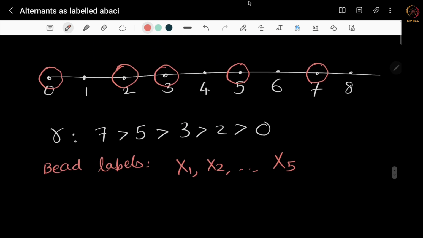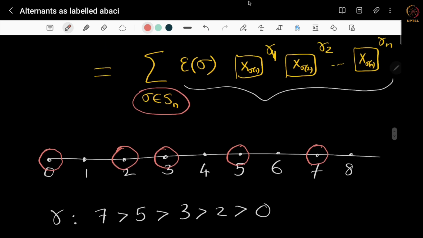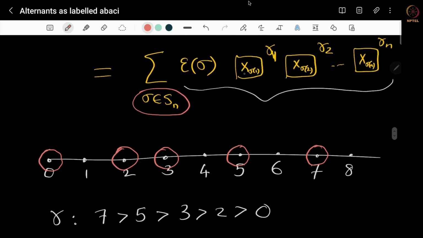So I think of these beads as having labels, and I can think of them again as 1, 2, 3, 4, 5, but to establish the connection directly with the determinant, let's label them x1, x2, x3, x4, x5. Okay, so I have 5 beads, labeled x1 through x5, and I can place them in any order.